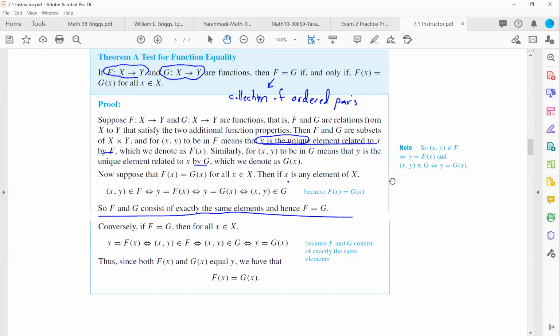What's the meaning of that? It means that y is equal to g of x. Y is the image of x under g. So since f of x and g of x are equal to each other, for any x in X, you can say that f of x is equal to g of x.